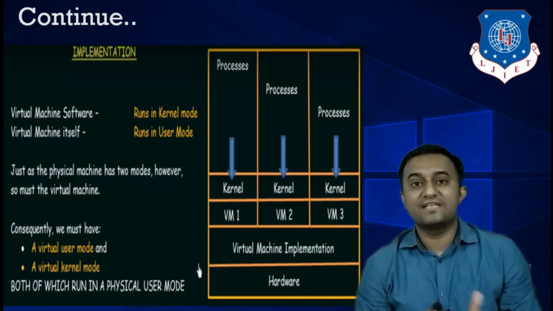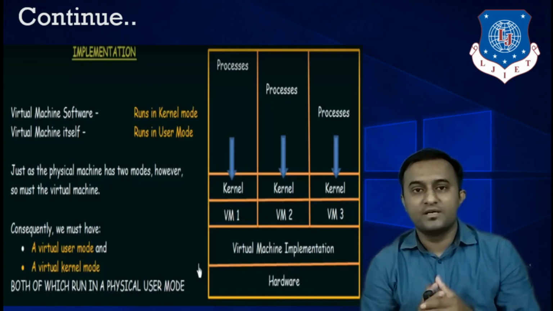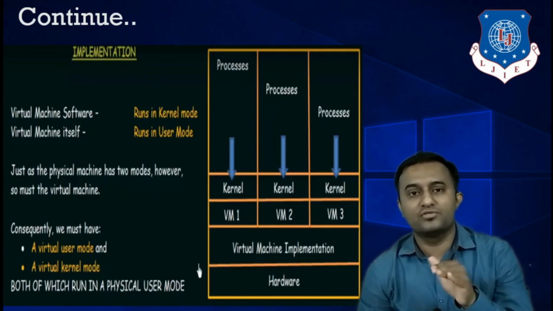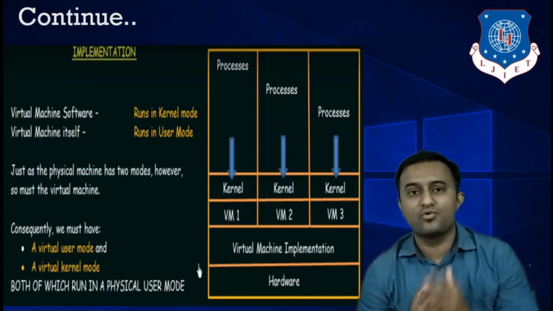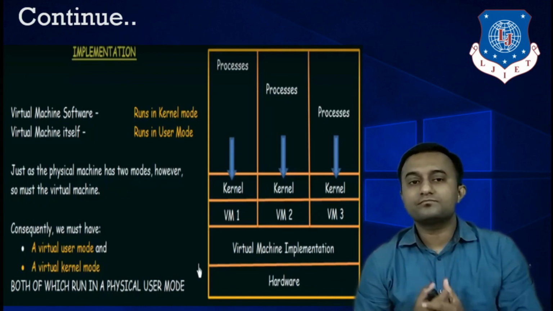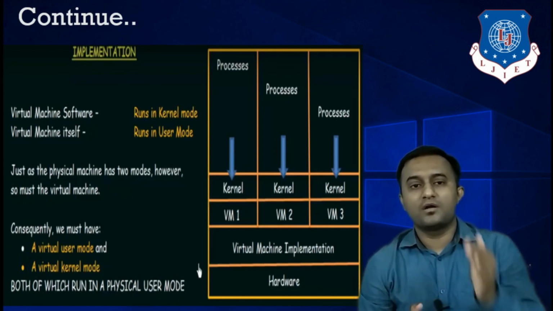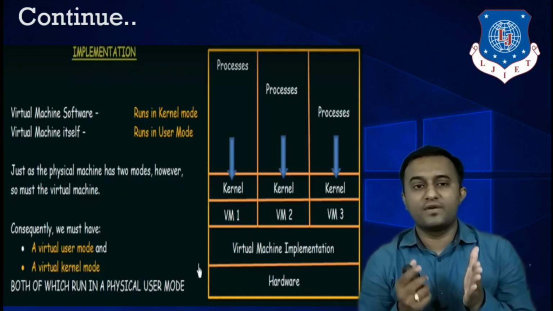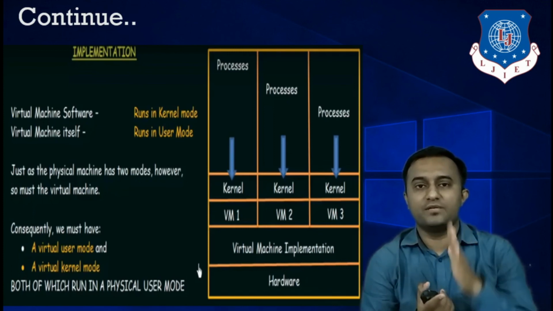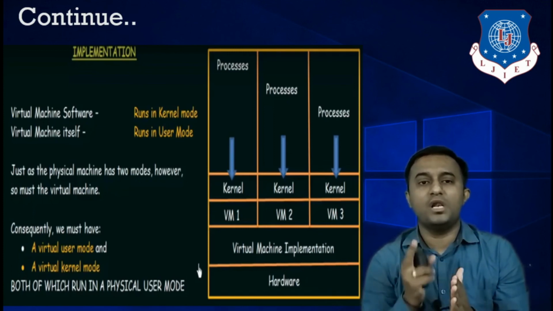It is isolated from each other, meaning these different VMs are isolated from each other and are not dependent. Each VM has its own kernel, user mode and kernel mode. In the case of a virtual machine, these are called virtual user mode and virtual kernel mode. So for each virtual machine we have a virtual kernel mode and a virtual user mode.